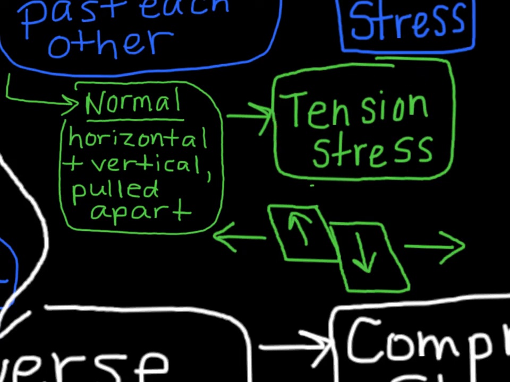Just like when you pull on a rope, you're increasing the tension. When you draw a picture of what that looks like, the two sides of your fault are being pulled apart from each other. And as they get pulled apart, one side moves down and the other side moves up.